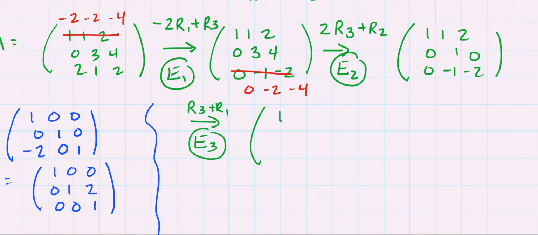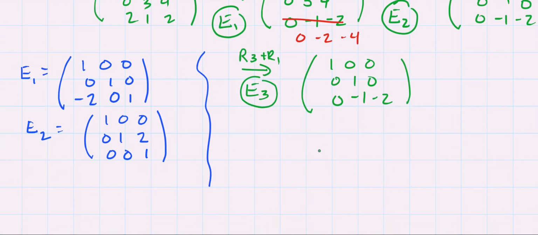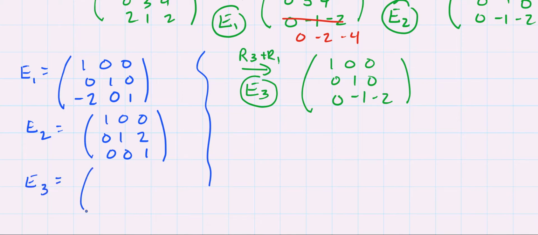And I'll get 1, 0, 0, 0, 1, 0, 0, negative 1, negative 2. And let's write what E sub 3 is. This is going to be 1, 0, 1, 0, 1, 0, 0, 0, 1. Taking row 3 and putting it in row 1.